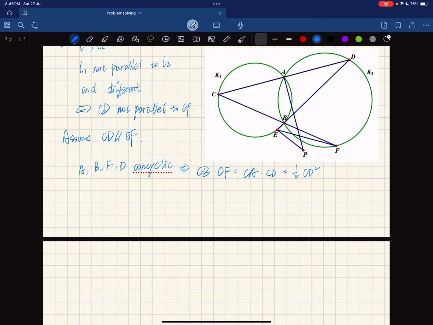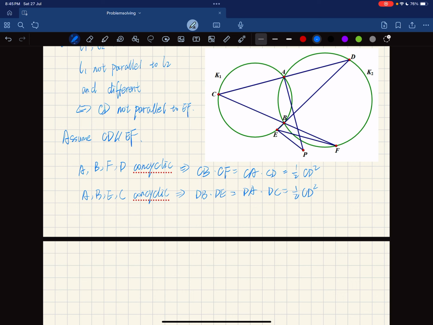In the same way, if we have A, B, E, C concyclic, what can we get? We can get DB times DE equals DA times DC, which equals half of CD squared.